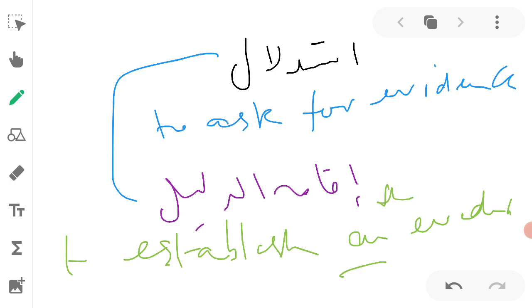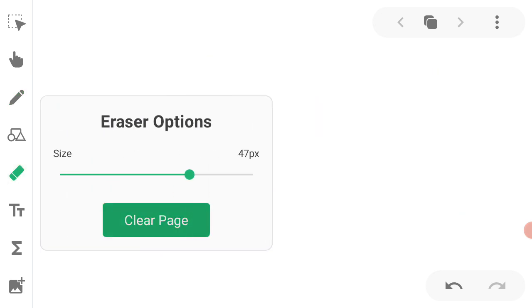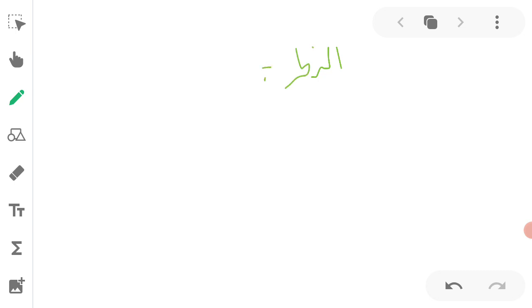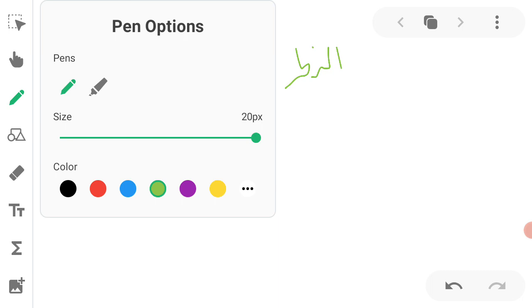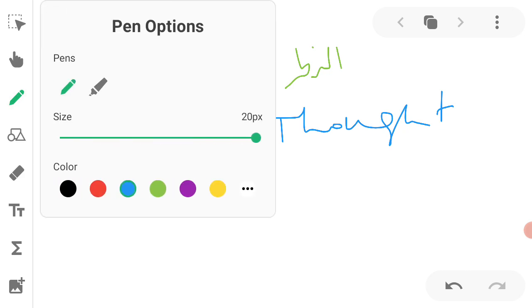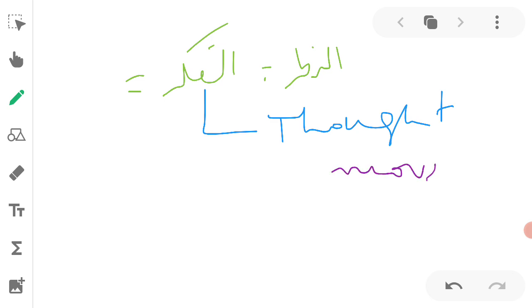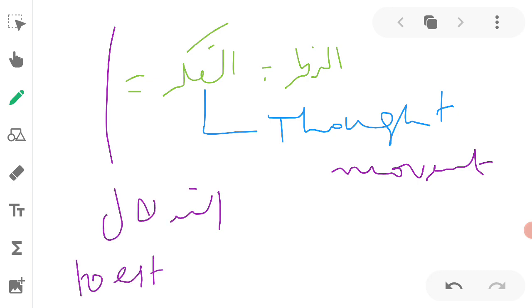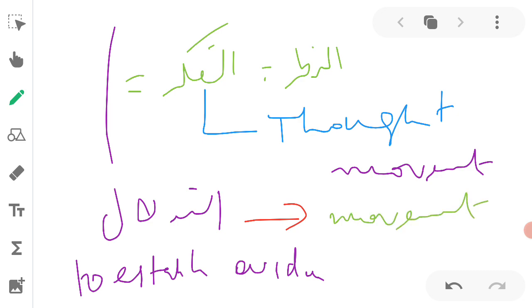Okay, now basically we can take nazar, which is equal to al-fikr, and al-fikr is thought, and we define thought as the movement of self. And istidlal is basically another way of saying to establish evidence. And to establish evidence, you also need movement, especially if you are looking at the context of Aristotelian logic, or logic in general, or mantiq, movement of thought as well.